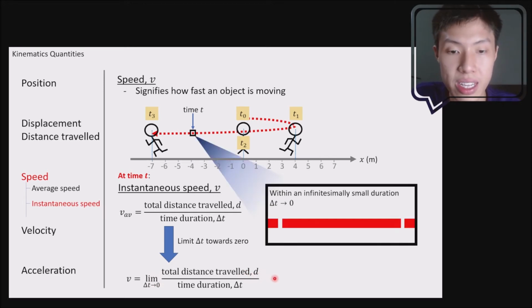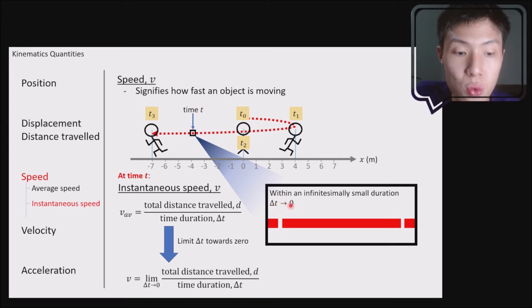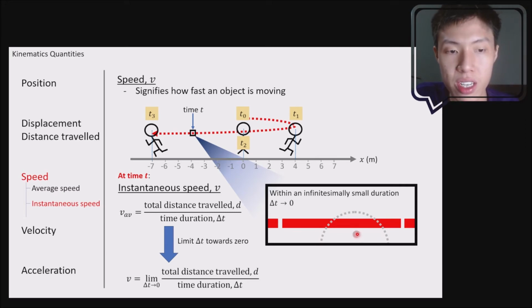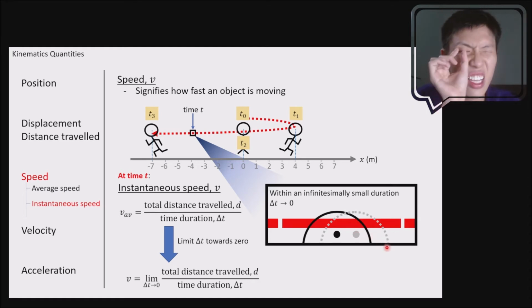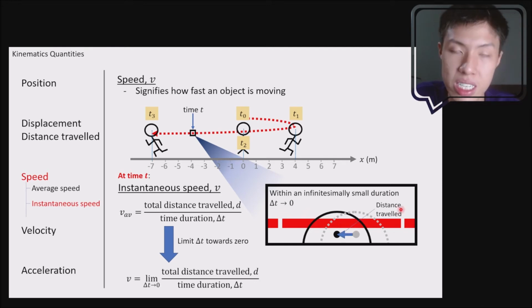So what does it mean if you write it like that? It means that if you focus on this specific moment t, it will be a very short time duration. Within this very short time duration, the person, this is the person's head, and I put a dot here to represent the center of the head, will travel a small distance over here, and we call this the distance traveled.